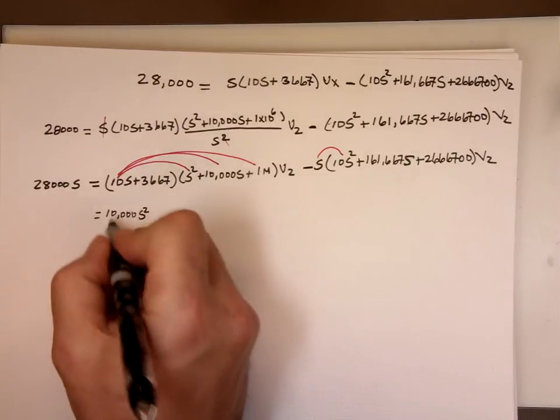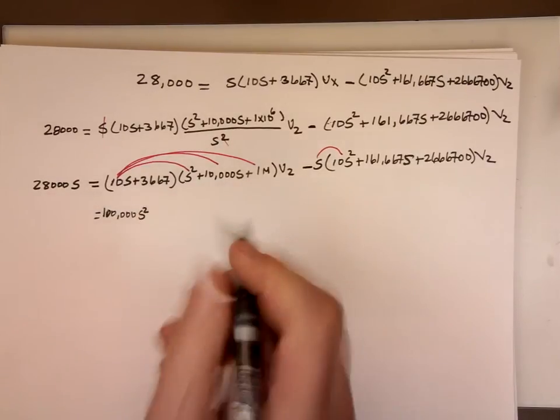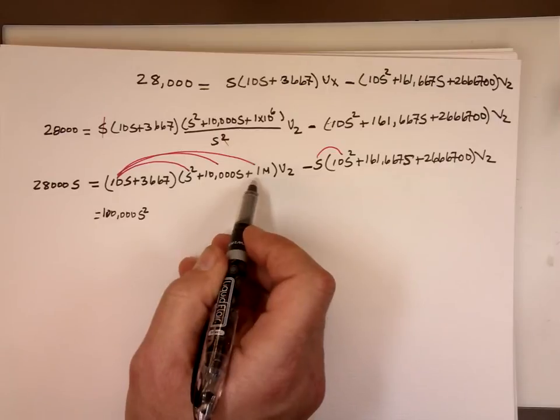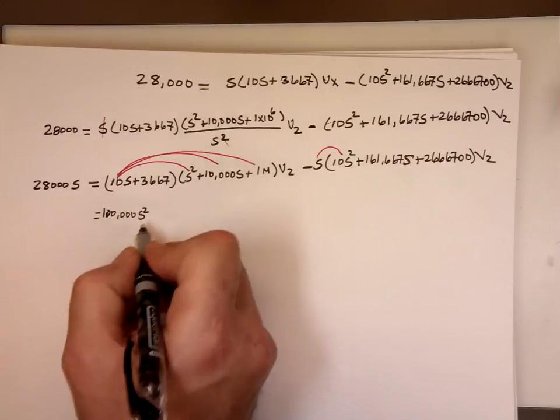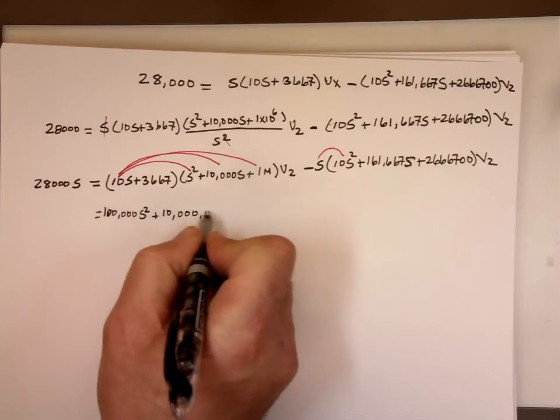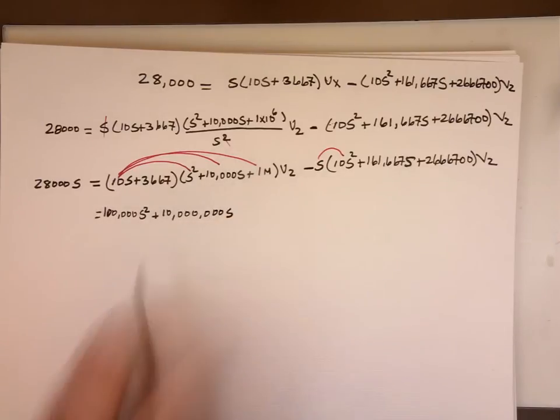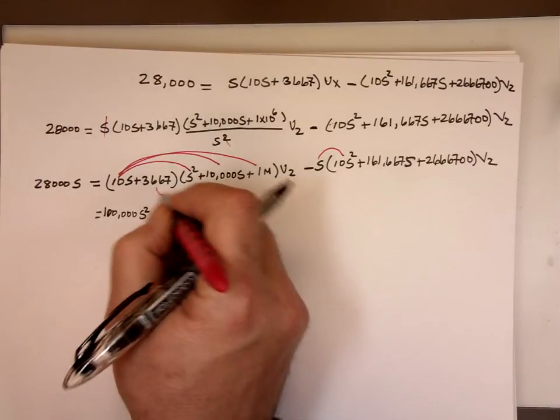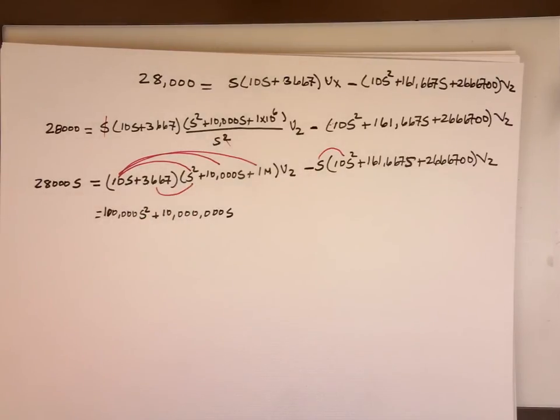And 10 times 1 million is what? 10 million? S? And what about this one? 3667s squared. 3667s squared.